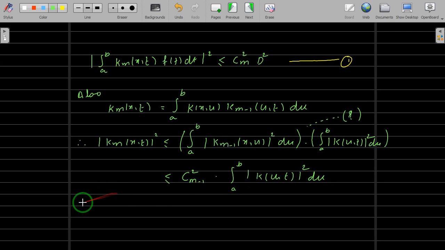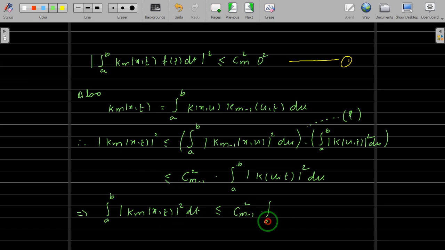And when you take integrals and all, this implies the integral a to b of mod of Km(x,t) the whole square dt. You integrate this with respect to t, this will be less than or equal to obviously this constant C_{m-1} the whole square.